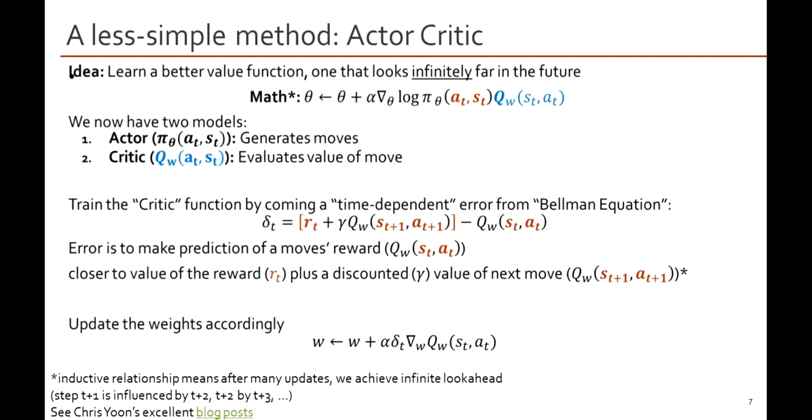And so once I have that, I've got an ability to express my error in how much this parameter was off, and I can update the weights for this Q model.